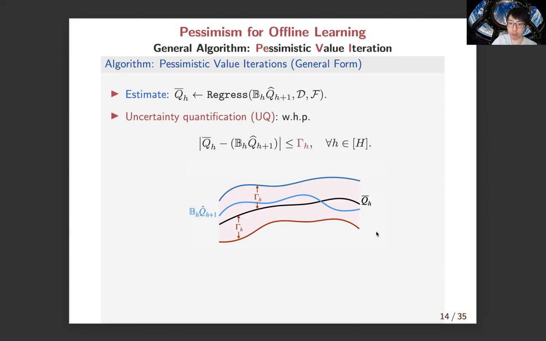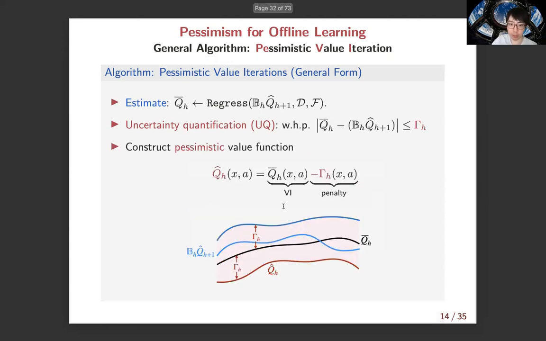Then we're using this lower confidence bound. We're setting this estimated Q function, not as my prediction, but instead the prediction minus the confidence bound. And this penalizes the uncertainty. So if I have a large epistemic uncertainty on a certain state and action, then I'll have a very large gamma.